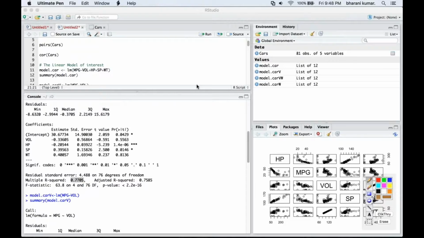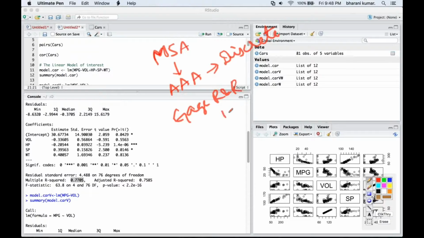Again, let me not get into measurement system analysis and all that. Anyways, in brief, look into this concept. It's discussed in Six Sigma basically. Measurement system analysis: do an attribute agreement analysis if you have discrete data, and do gauge R&R if you have continuous data, even before you use the data.